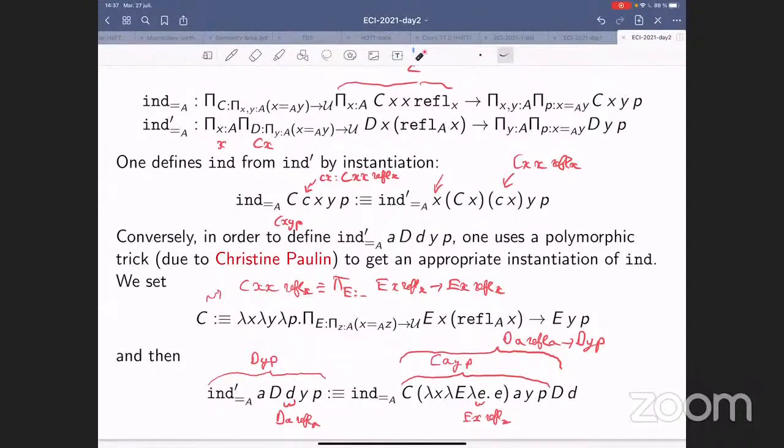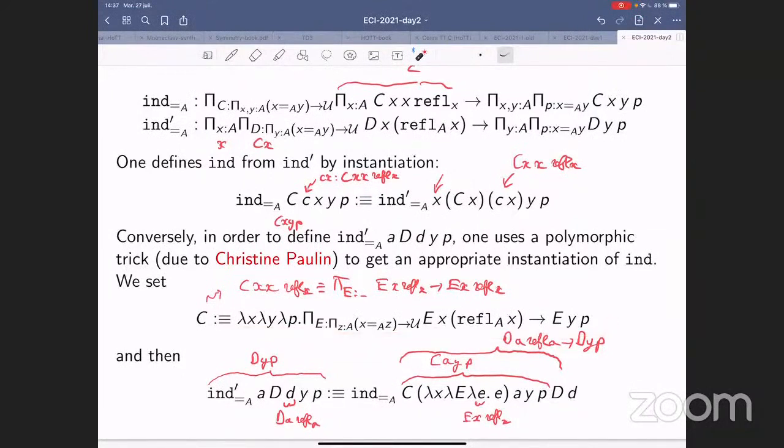That's important. C does not mention D. So this is why it is polymorphic. It's a type family by itself, not directly related to D, but of course it is done in a way that everything will work. So it's a type family. It takes an x, a y, and a p, and returns a type.